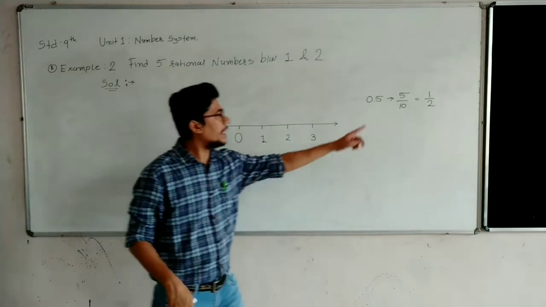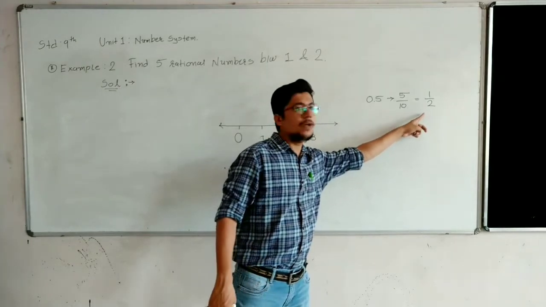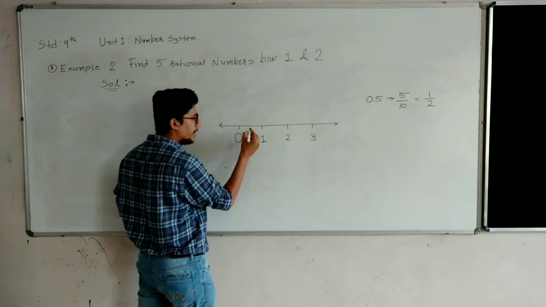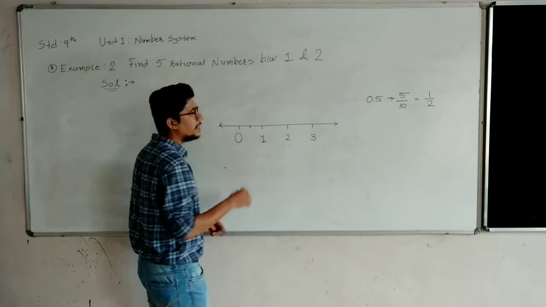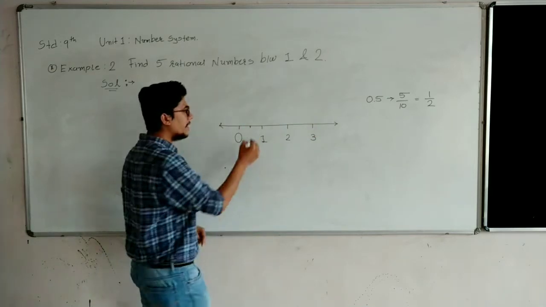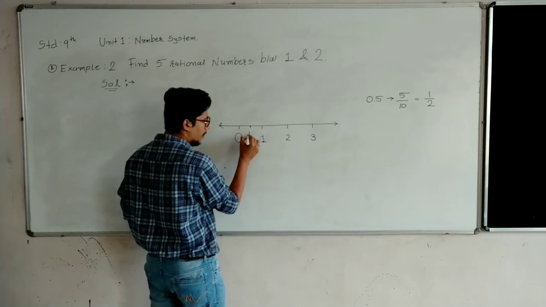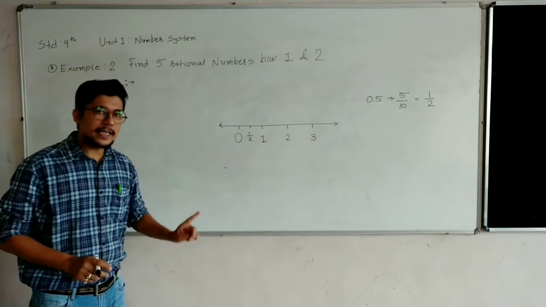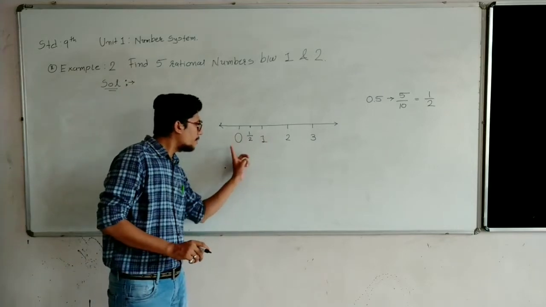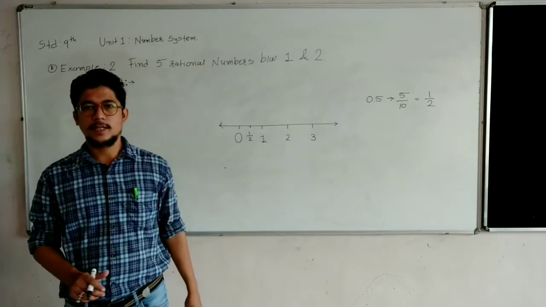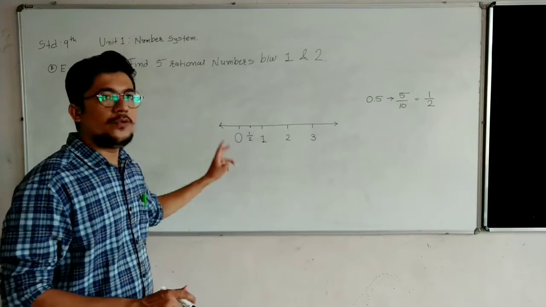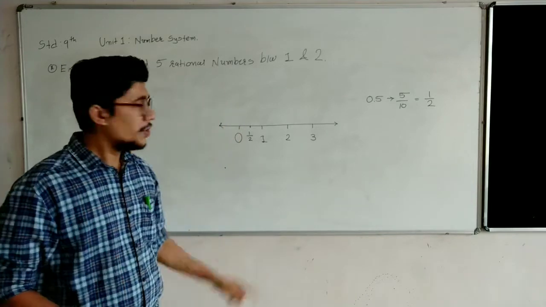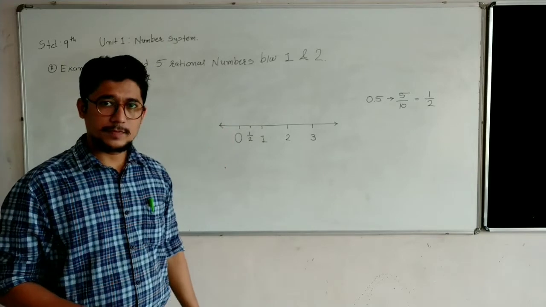Or we can also say 1 divided equally into 2 parts is 0.5, it is a half. So can I say 1 upon 2 can be indicated exactly at the middle of 0 to 1? So 1 by 2 can be indicated between 0 and 1 like this. So 1 by 2 is a rational number.